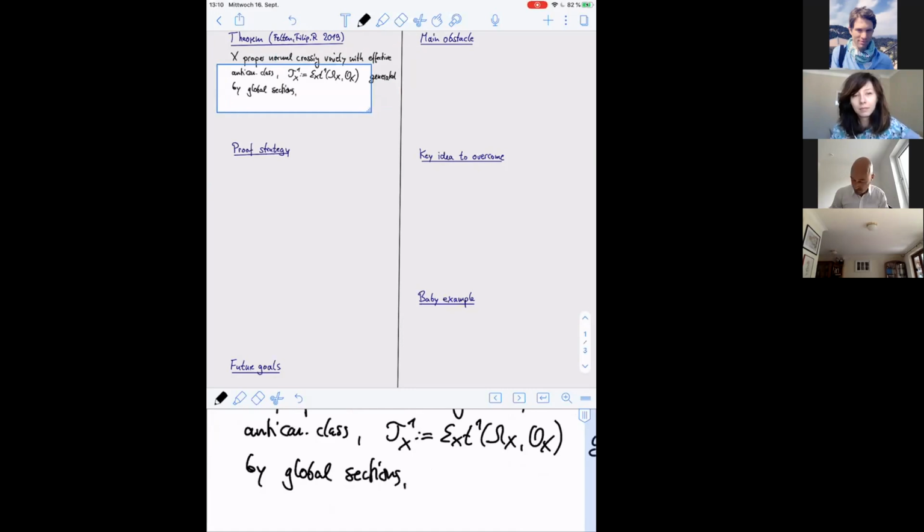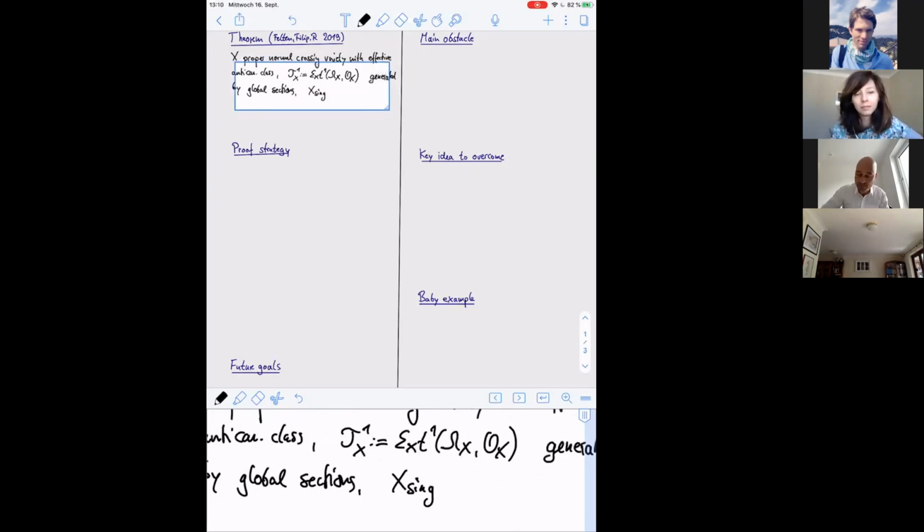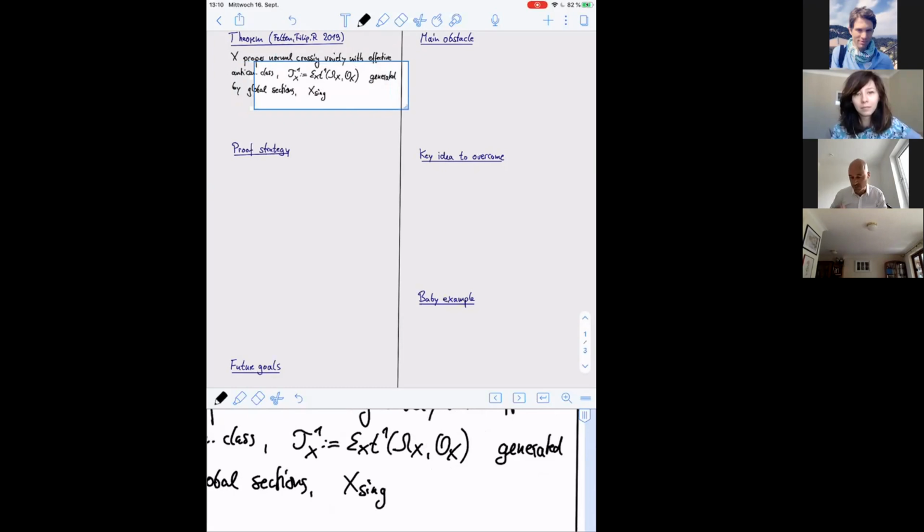And then we want the singular locus of the normal crossing space to be projective. Of course, you can ask the entire space to be projective. I've asked the entire space to be proper, almost projective, but a bit pedantic what we really need, because there might be situations where you want to weaken things a little bit.